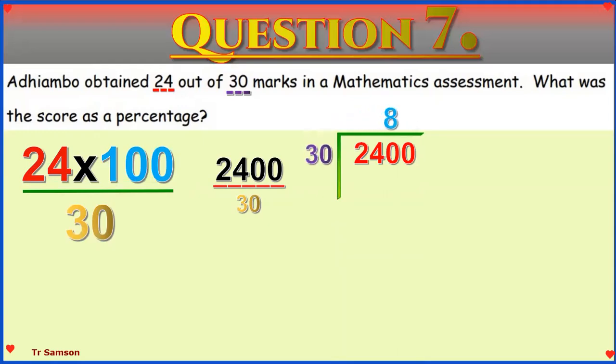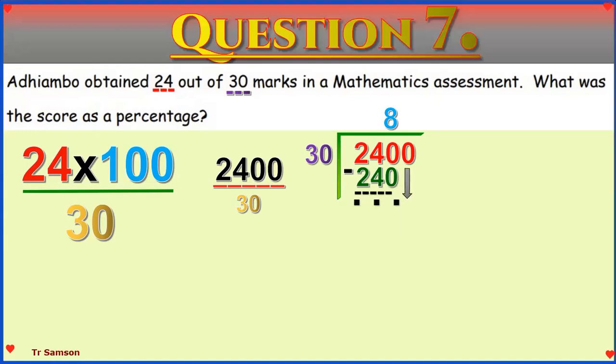That is 8 times, because you know multiples of 3: 3, 6, 9, 12, 15, 18, 21, 24. So it is 8 times 8. 30 times 8 is 240. Then you take away. It becomes nil. Then you drop. We said when you drop, you must divide.